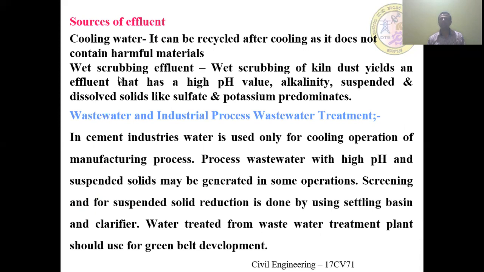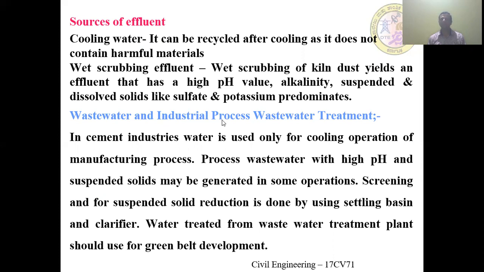And wet scrubbing of kiln dust gives an effluent that has a high pH value, alkalinity, and suspended and dissolved solids, where sulfate, phosphate and potassium predominate. These are the sources of wastewater.